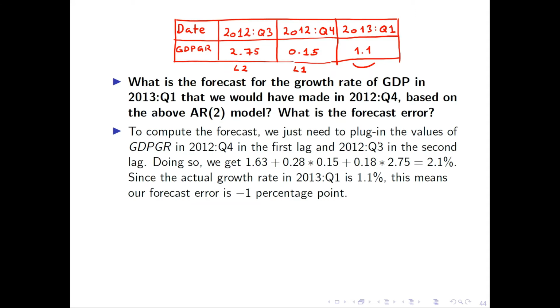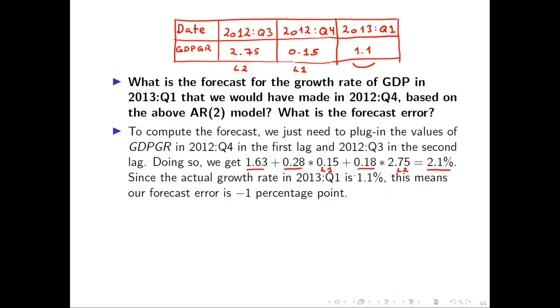So we just plug these in: the intercept, plus the coefficient on the first lag times the value of the first lag, and then the coefficient on the second lag times the value of the second lag. And when you multiply and add up, then our forecast is 2.1%.